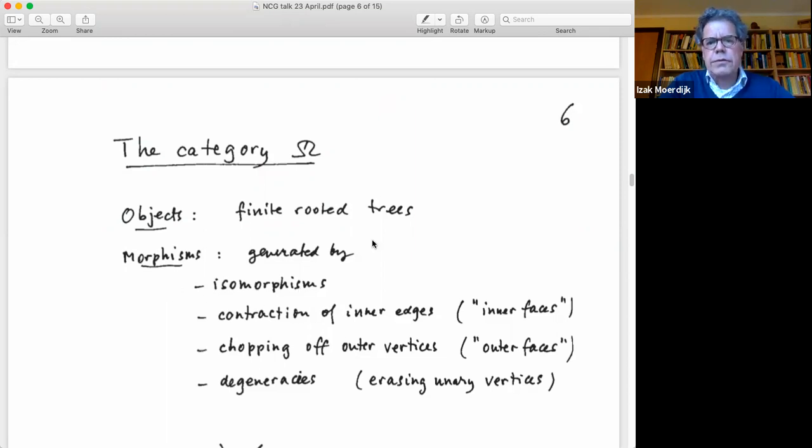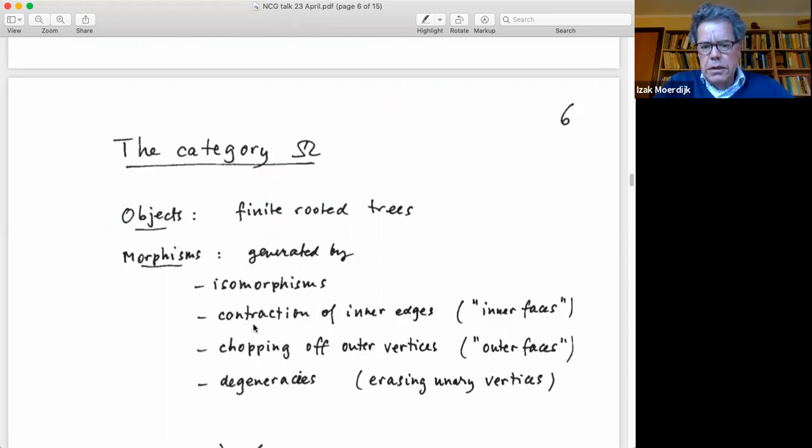What are the morphisms between these trees? They are generated, so they're compositions of 4 types of morphisms. And these types of morphisms are like the d_i's and the s_j's of the simplicial category, except for the fact that we also have isomorphisms. Everybody knows what an isomorphism between trees is, I don't need to say anything.